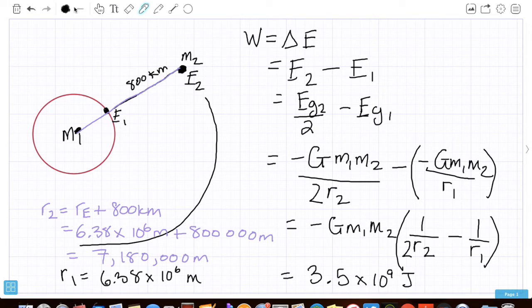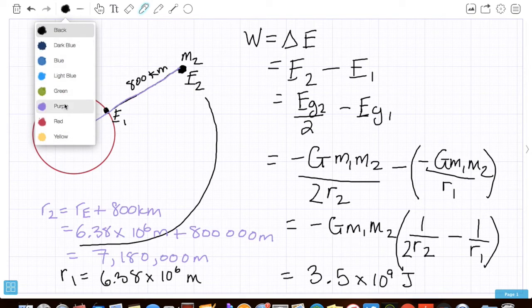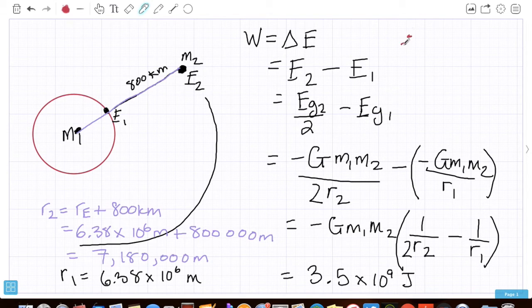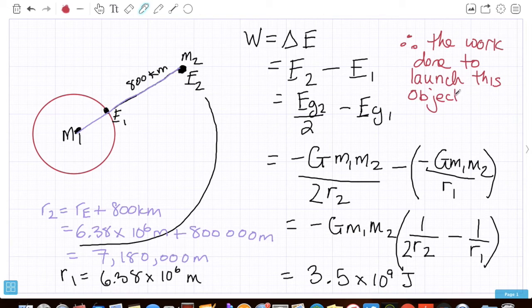So therefore, the work done to launch this object into orbit is 3.5 times 10 to the 9 joules.